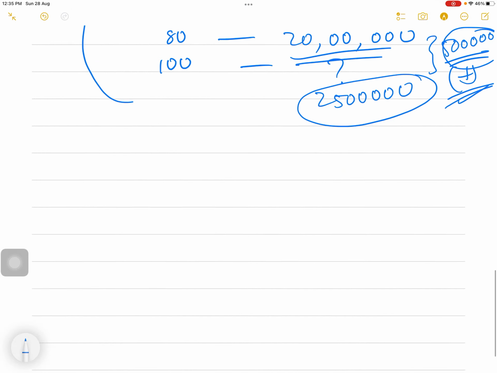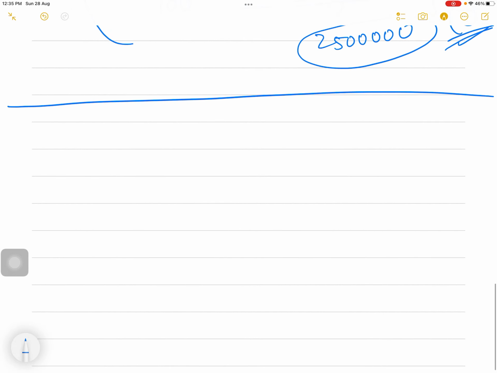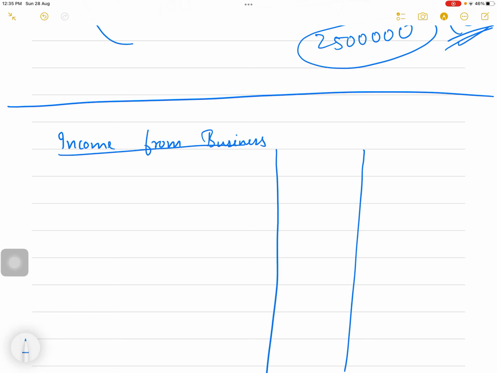So let's start solving. I'll start from here. Computation of income from business. You will be making 3 columns: particulars, amount.